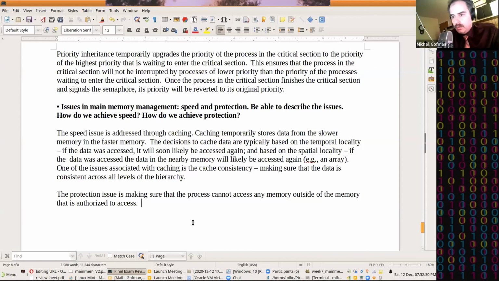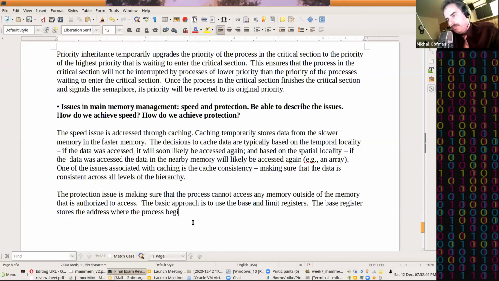So the basic approach is to use the base and limit registers. The base register stores the address where the process begins in memory, and the limit register stores the process memory size.